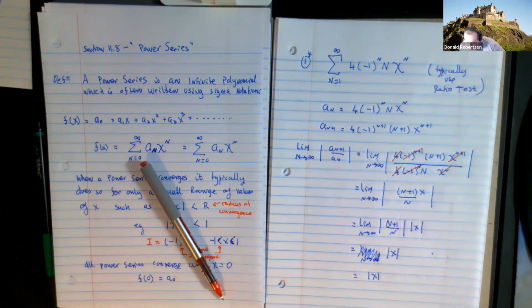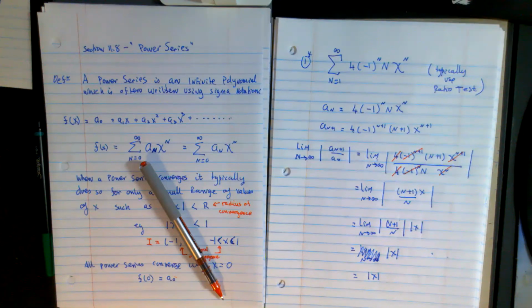It'd be things like that. But it's this guy. What does this have to be less than for convergence? In the ratio test, what does the limit have to be less than for the series to converge? 1.